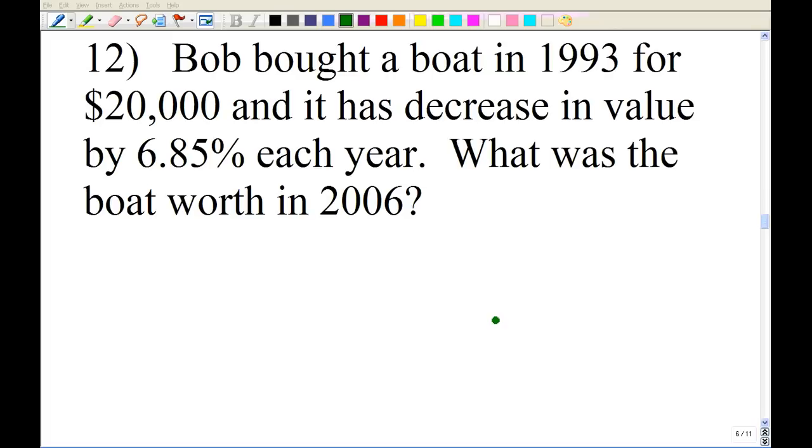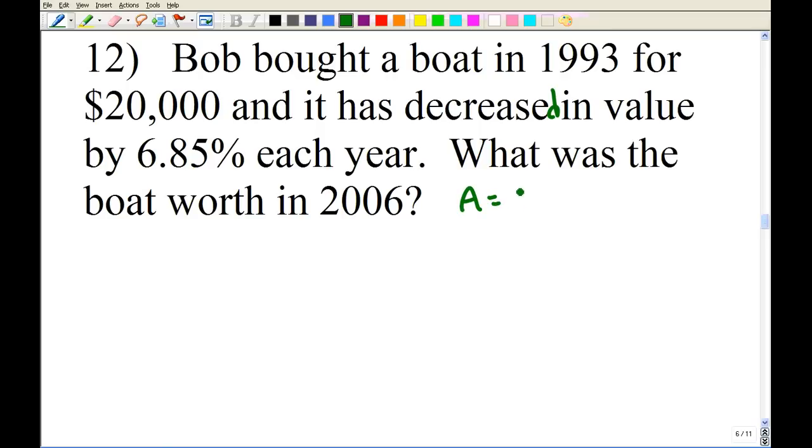Number 12, Bob bought a boat in 1993 for $20,000, and it has decreased in value by 6.85% each year. What was the boat worth in 2006? Okay, so that's the formula.